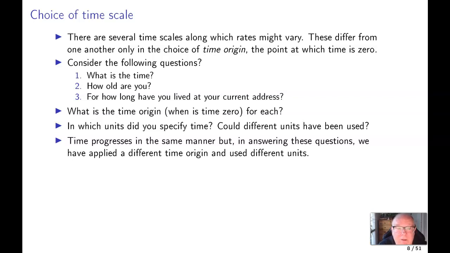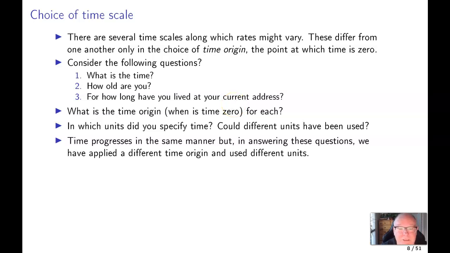How old are you? Well, every person has their own individual time origin, their date of birth. And we typically specify the number of years since date of birth. For how long have you lived at your current address? Well, the time origin is the date you moved into your current address, and the time scale would be time since current address.